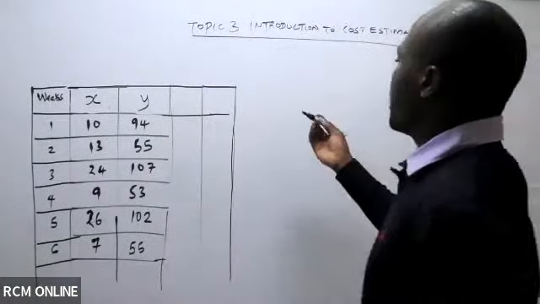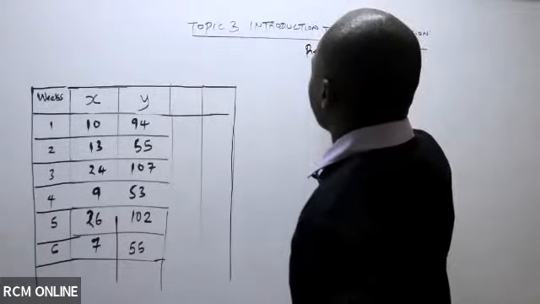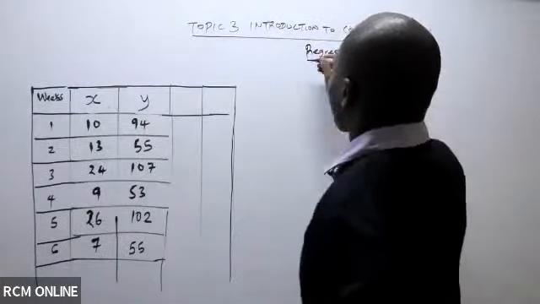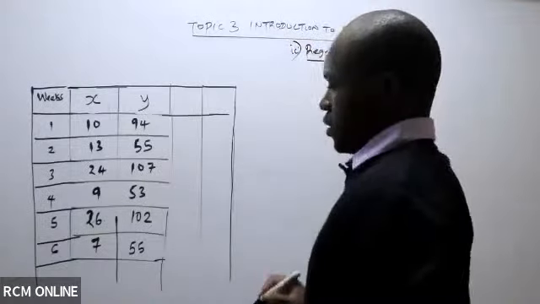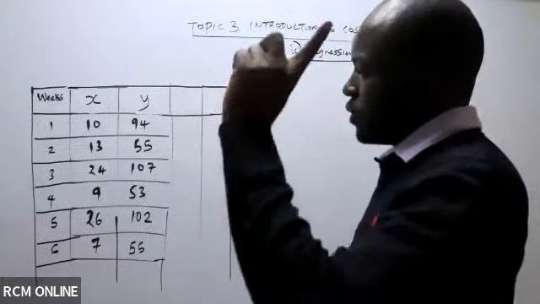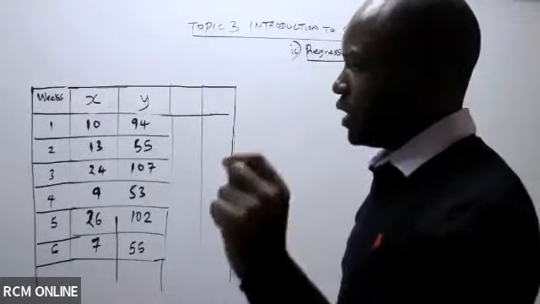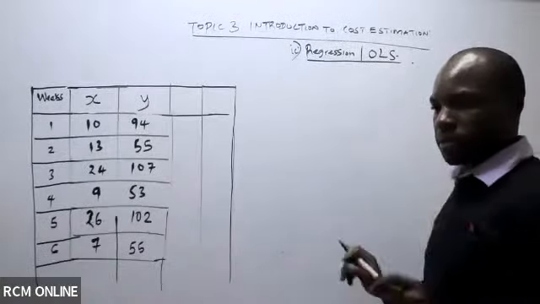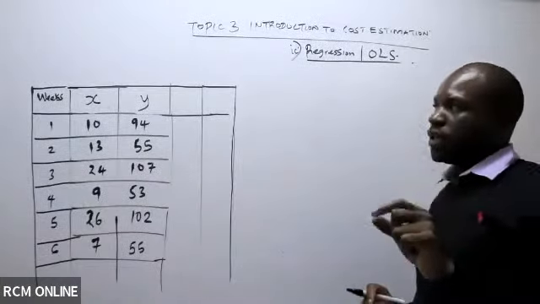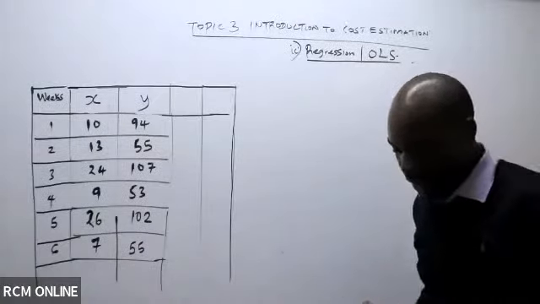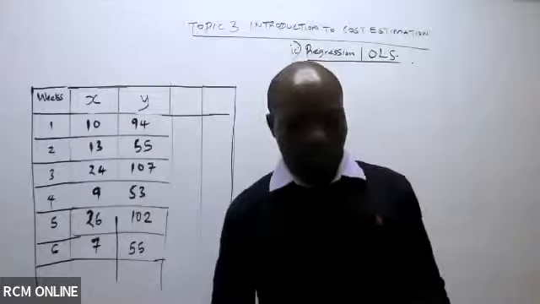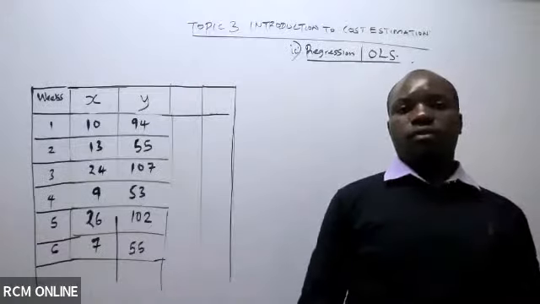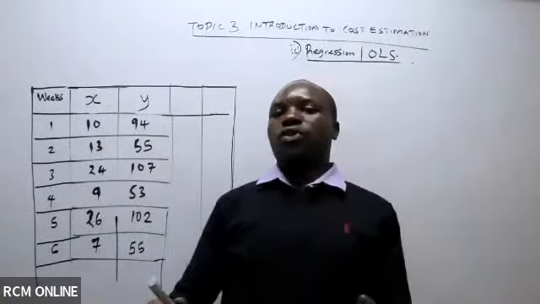Now, even under regression or ordinary least square method, that is method number 2, there is no single question that will be given to you whereby the examiner will be indicating this is X, this is Y. No, it is upon you to read and identify what will be used as X and what will be used as Y. So if you read that question carefully, you'll be told that units produced determines what production cost will be.